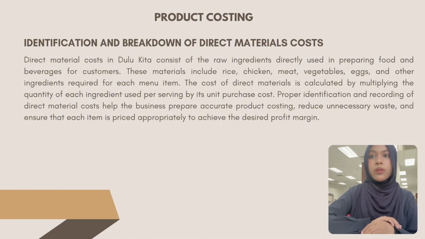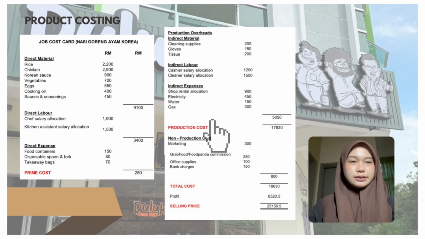The cost of direct materials is calculated by multiplying the quantity of each ingredient used per serving by its unit purchase cost. Proper identification and recording of direct material costs help the business prepare accurate product costing, reduce unnecessary waste, and ensure that each item is priced appropriately to achieve the desired profit margin.